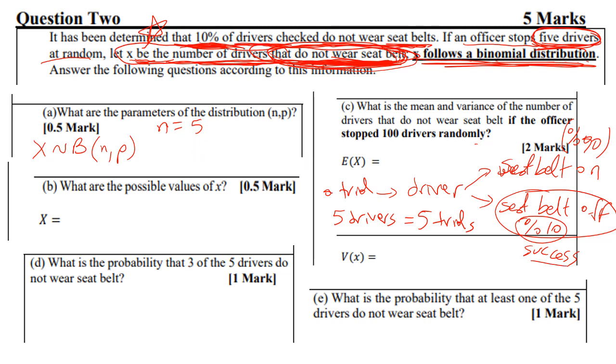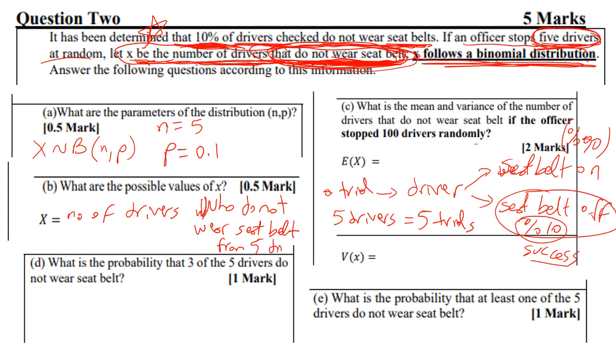So p is 0.1, it's 10%. What are the possible values of X? X is the number of drivers who do not wear a seat belt.